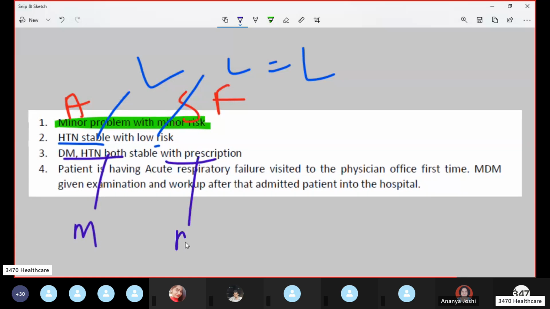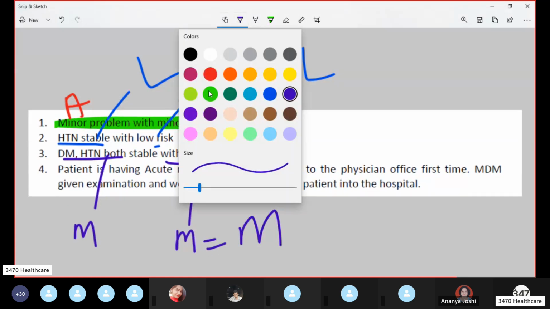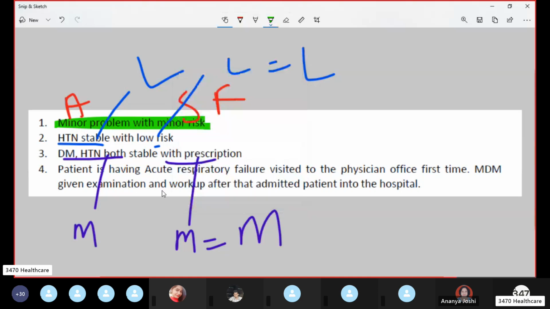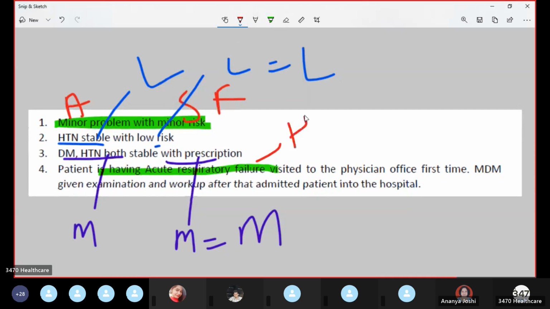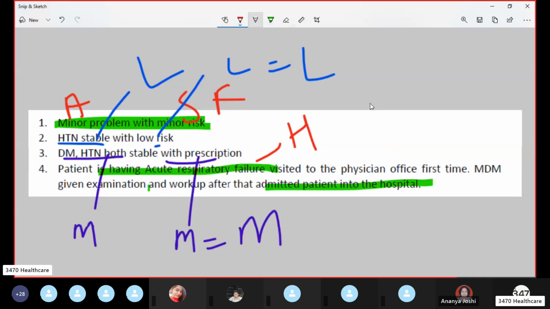And prescription is moderate. So moderate. And acute respiratory failure, it is for high. And admitted to the hospital, regarding hospitalization, high. So high. So straightforward, low, moderate, high.